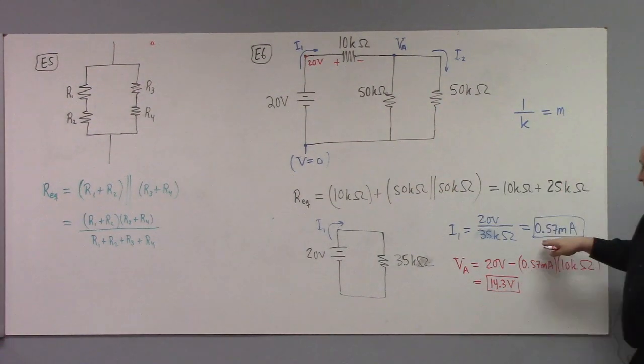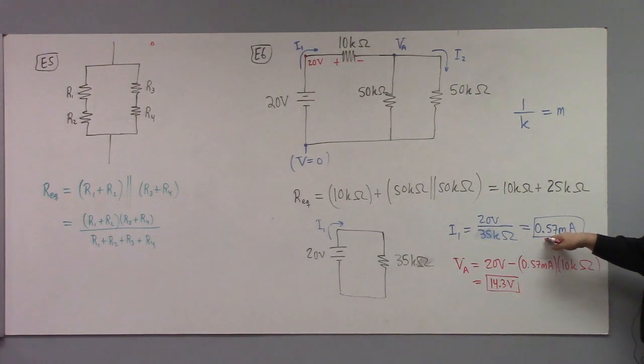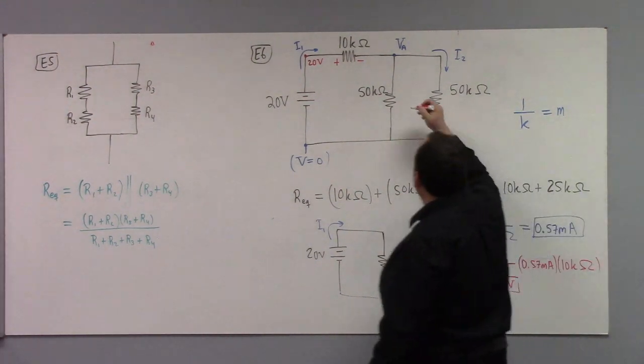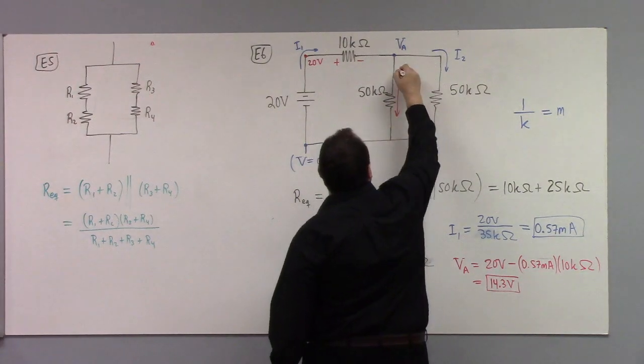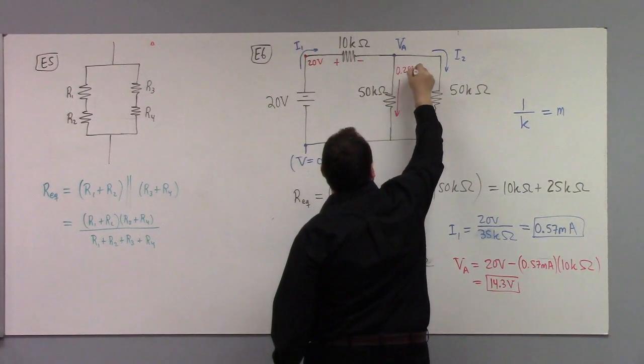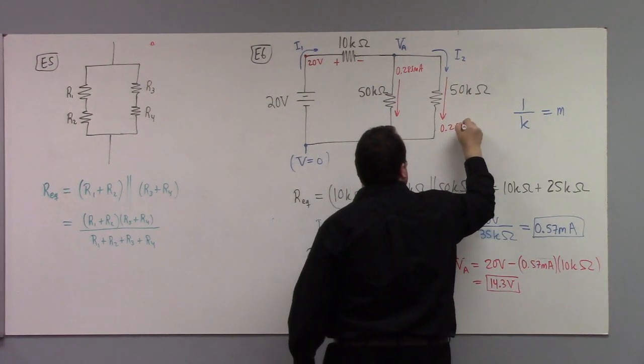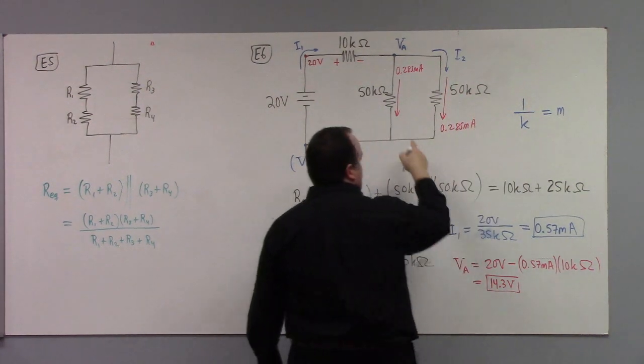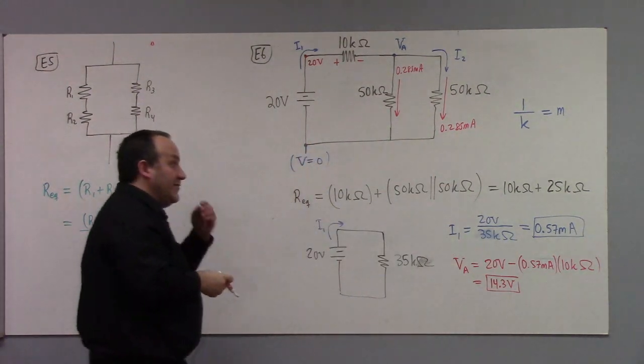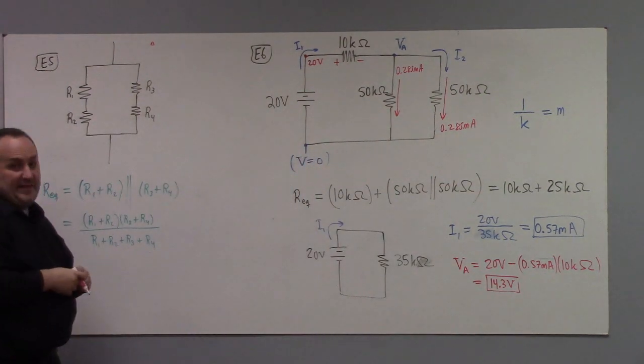So if my I1 is 0.57, divide by 2, you get 0.285 milliamps this way, and likewise 0.285 milliamps that way, because that's half of the 0.57. That's one way you could do it.